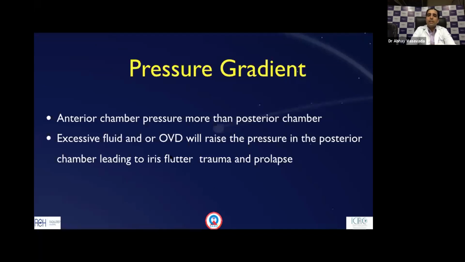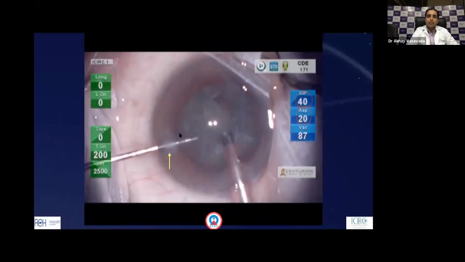Excess use of OVD is something we often miss. We feel the pupil is small, so let's use some more OVD to dilate it. That works in a counter way, and it sometimes goes behind the iris, pushing the iris from below up, and therefore it starts tenting up to the side port.